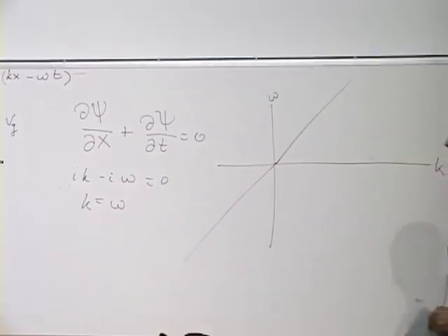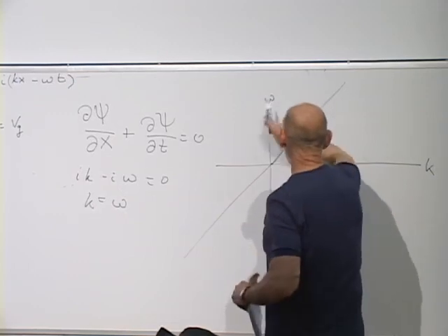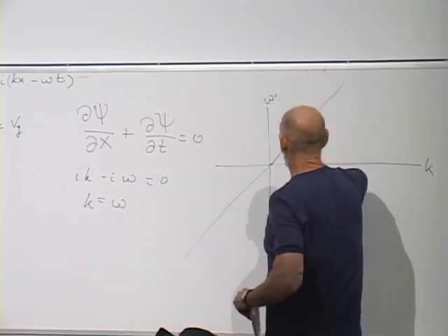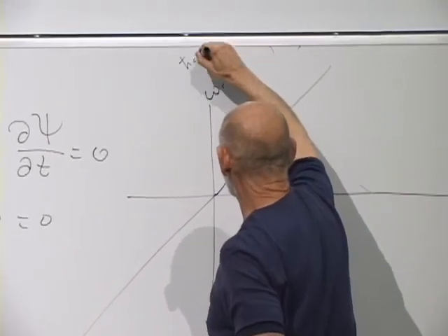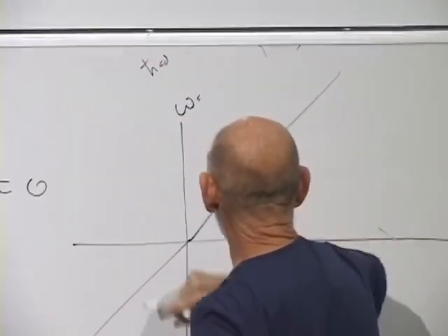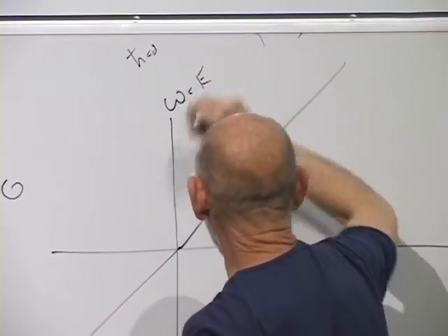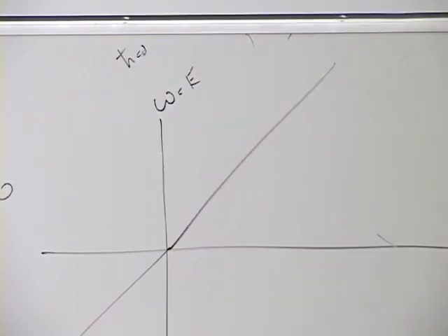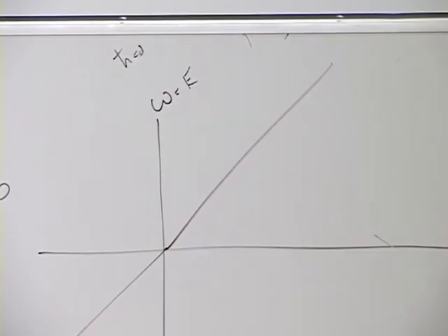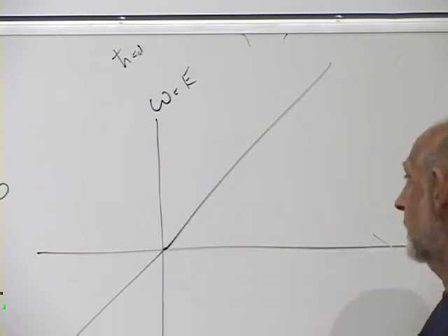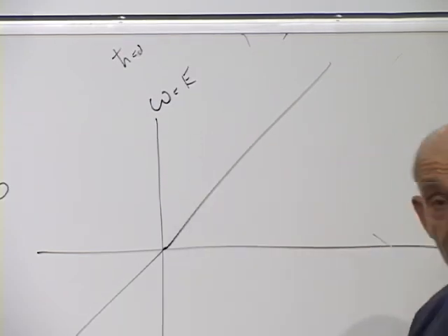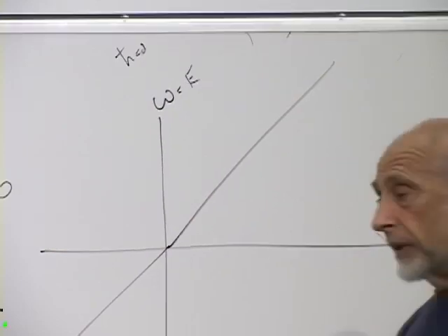Then omega is proportional to k. And if h bar is equal to 1, then omega is also the energy of an individual quantum. All right. So over here on this branch, positive k, we have positive energy. Over here on this branch, we have negative energy. Negative energy electrons.